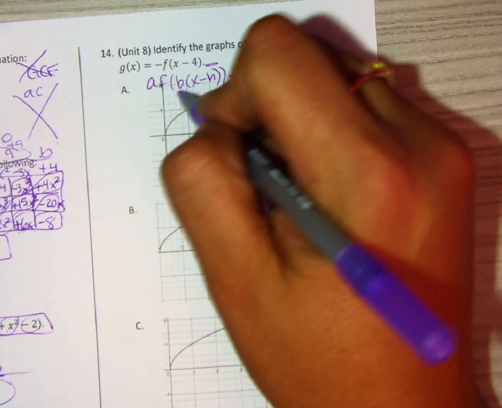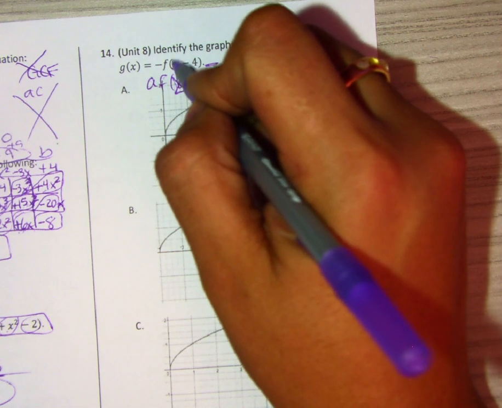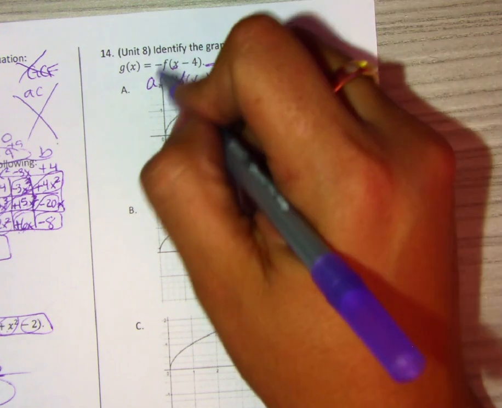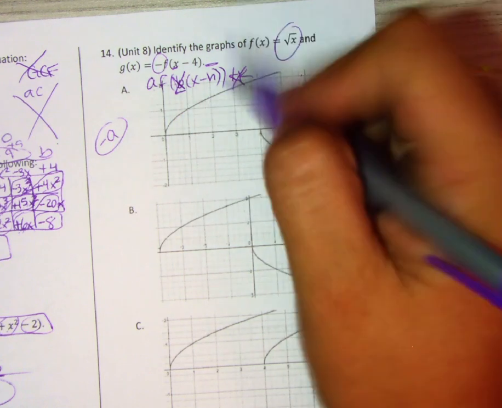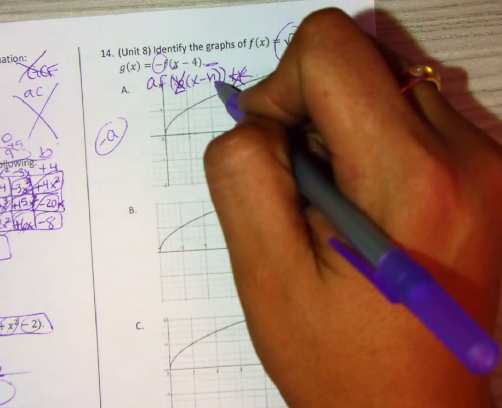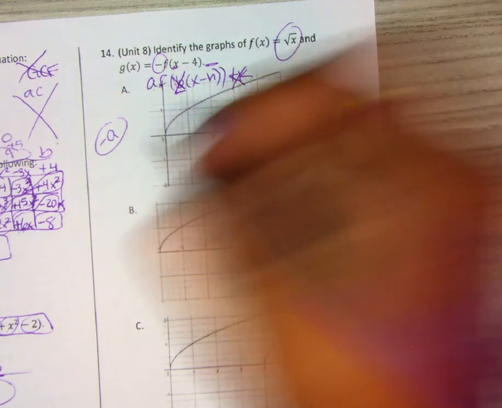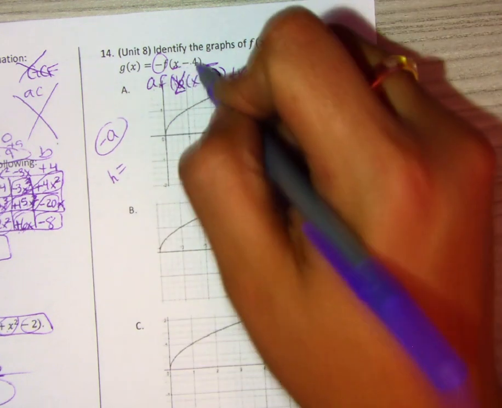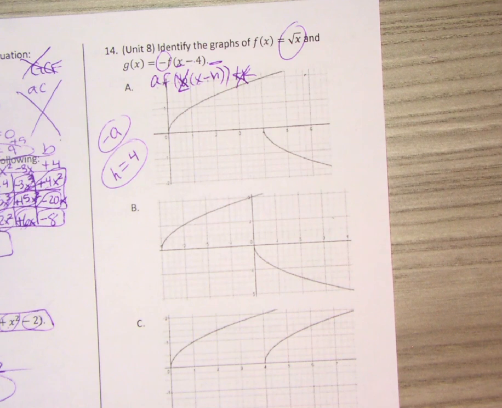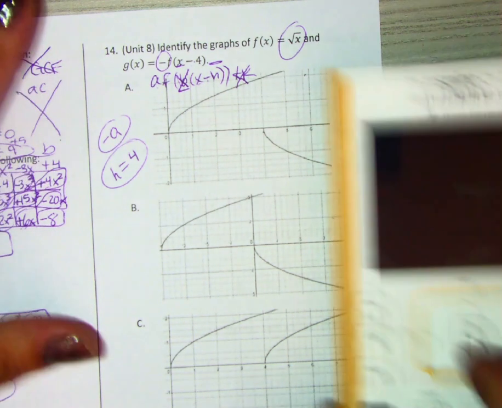There is no B value because there's nothing right next to the x. But there is a negative A and there is a minus 4 for the H. So we're going to say H is x minus, so H is just 4. So we need to find which one of these show that.